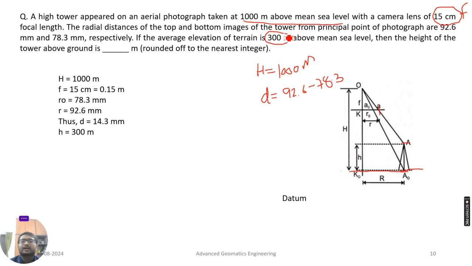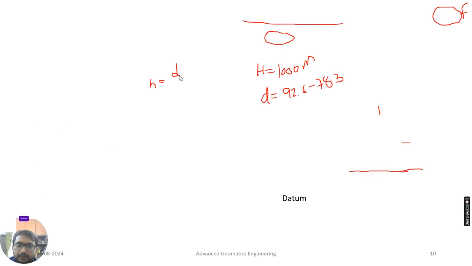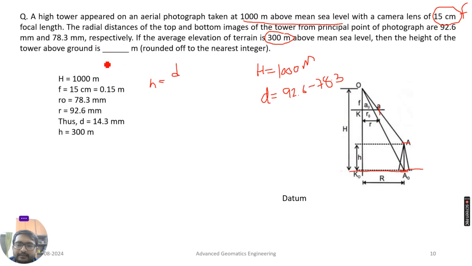Now our formula is h equals d times H divided by r. D is given by 92.6 minus 78.3, which is 14.3 mm. The H is 1000 and the radial distance is 92.6. So find out what the answer is.